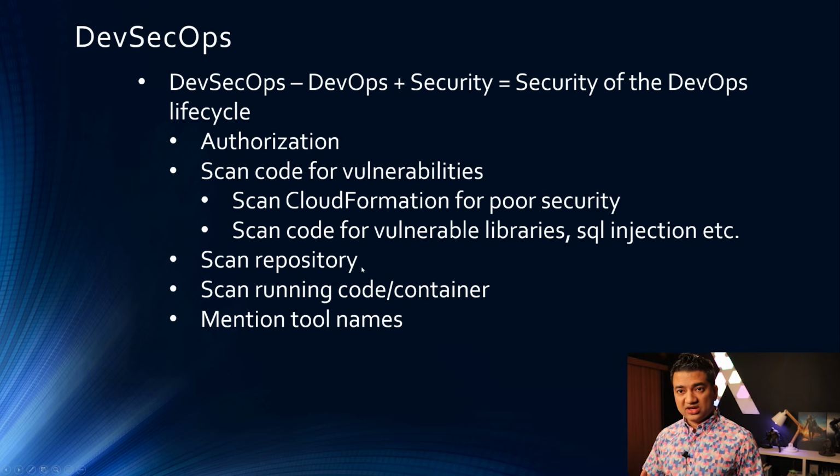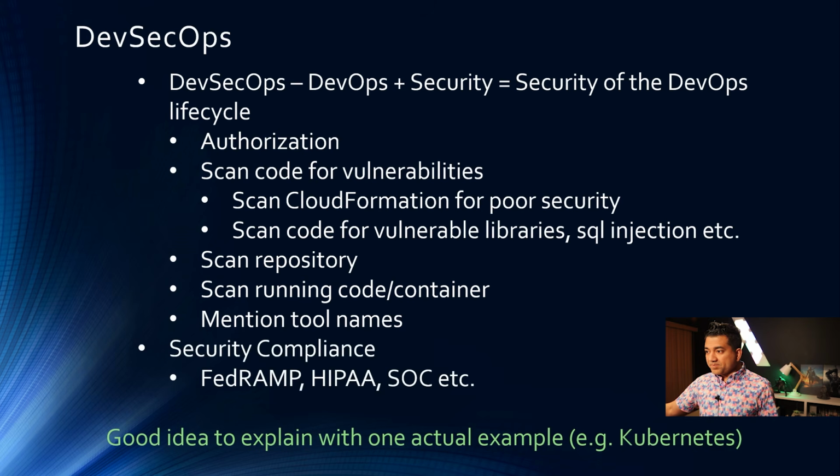Scan repository: if you are using ECR, it gives you this feature. You can also use tools like Sysdig, Falco, etc. to scan your container repository. Scan running code and container: you can use Twistlock for container. For scanning running code, you could use Black Duck, and you could Google it. There are many other tools.